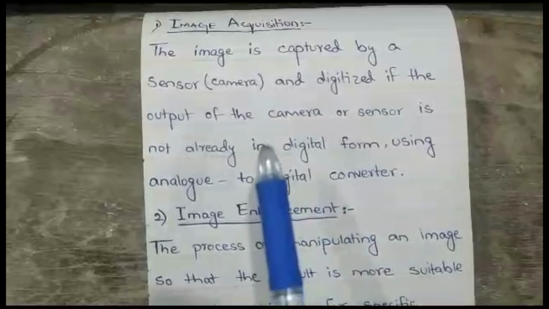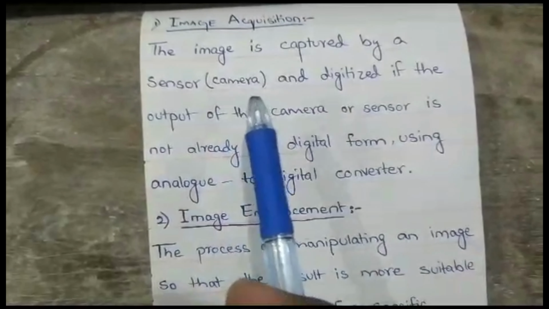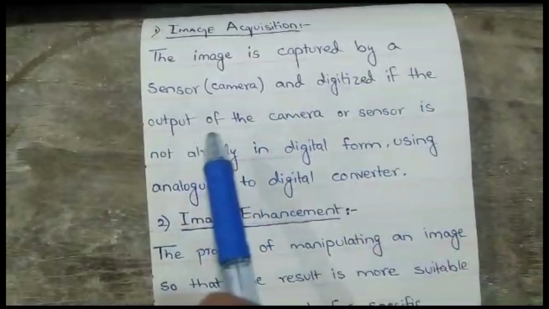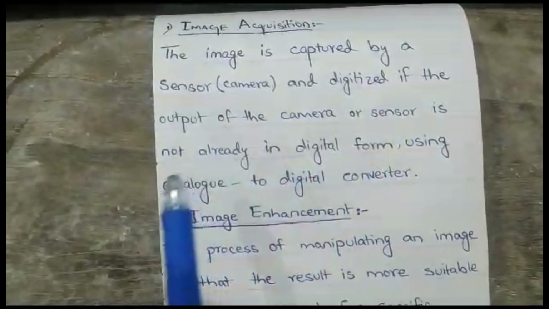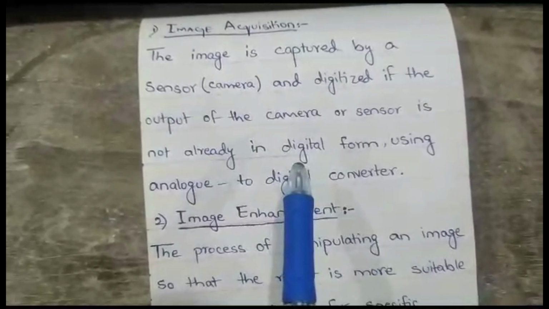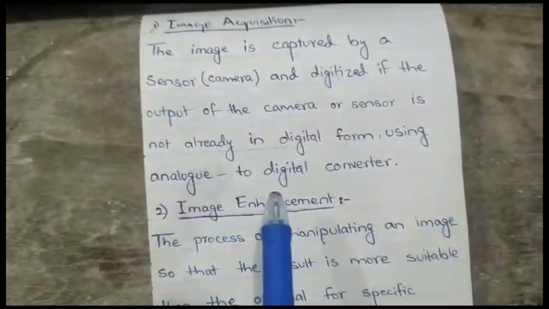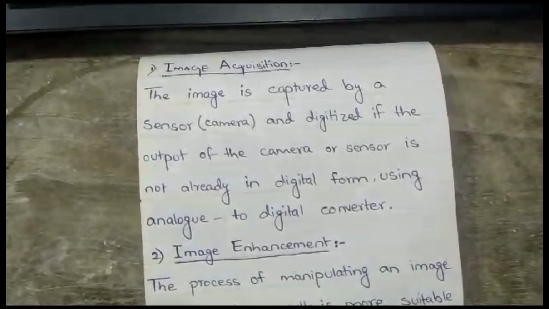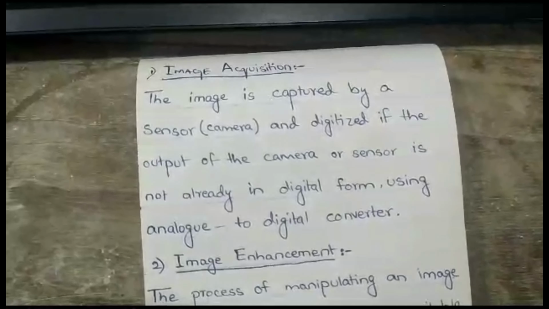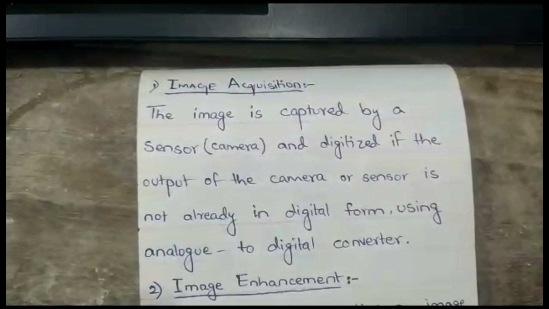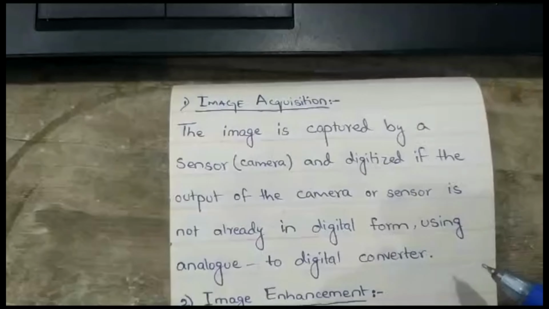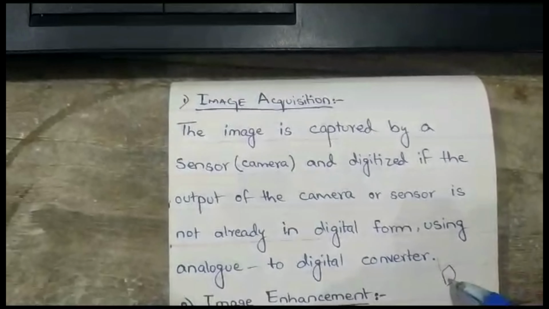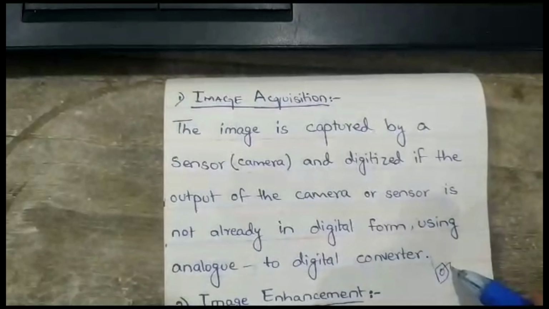The image is captured by the sensor, and digitized if the output of the camera or sensor is not already in digital form, using an analog to digital converter. If you want to acquire an image, you need a camera.